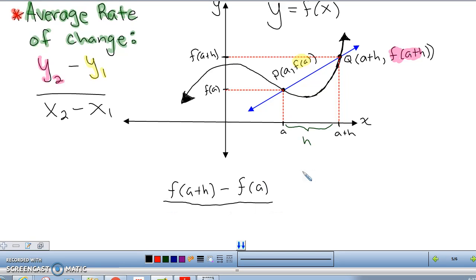Over this, a plus h minus, and we'll do a.